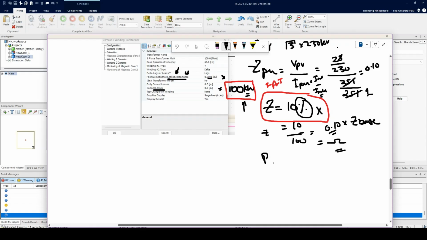So the losses that we got over there, divided by S, is equal to R per unit, right?